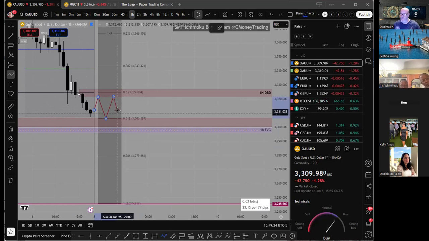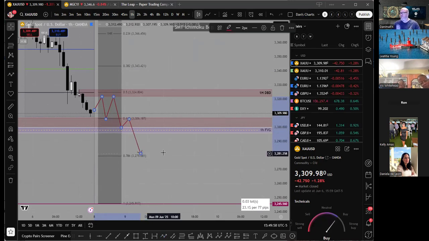Then it's going to decide whether it's going to come back here or halfway and come back up, or it's going to go the other way. And I could go the other way and just say, okay, we're going to go up and test this area. One, two tests. And this test could just say, forget it and test this again. Then we might test this area and then keep coming down.